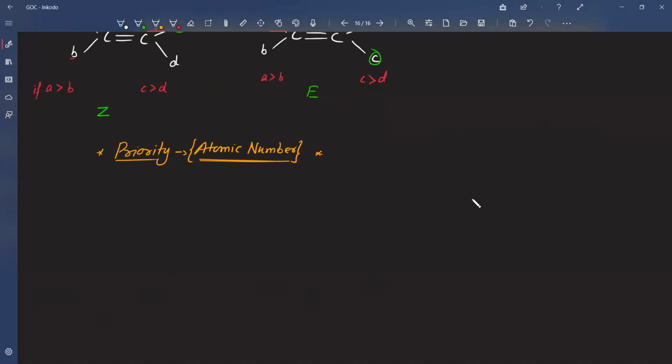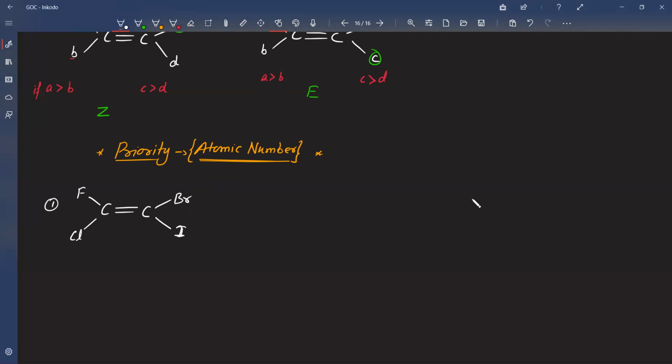What does that mean? Let's see an example first. Not mass number, atomic number. There is a possibility of having the same mass number, but the atomic number will always be different.